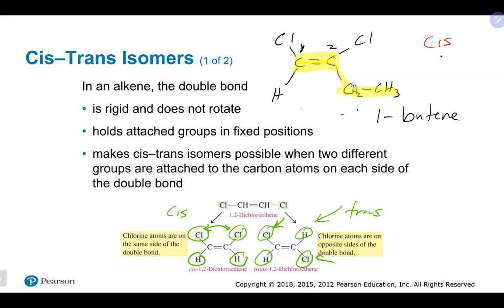This would be 1,2-dichloro-1-butene, and we would then put cis in front of it. So this would be cis-1,2-dichloro-1-butene, which would be the proper name, not ethene.